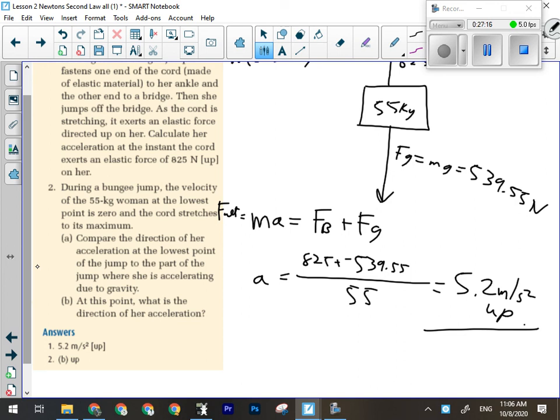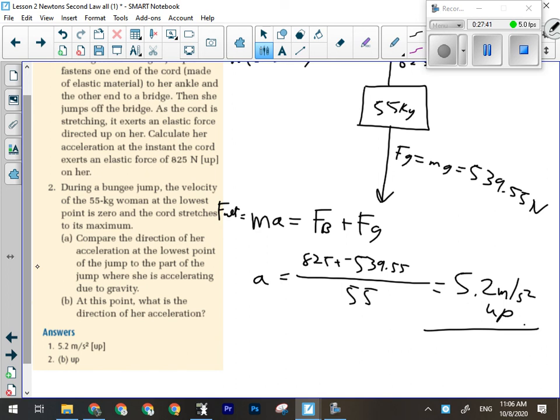Once the bungee cord takes up, especially when it's stretched its maximum amount at that very bottom point where her velocity is 0, all of her acceleration is which way? When she's stretched the cord as much as it can go, she's accelerating up. She has to be. If she wasn't, she wouldn't slow down to a stop.